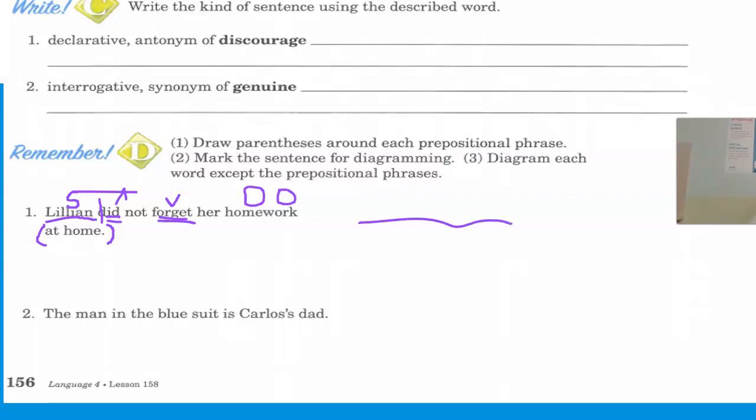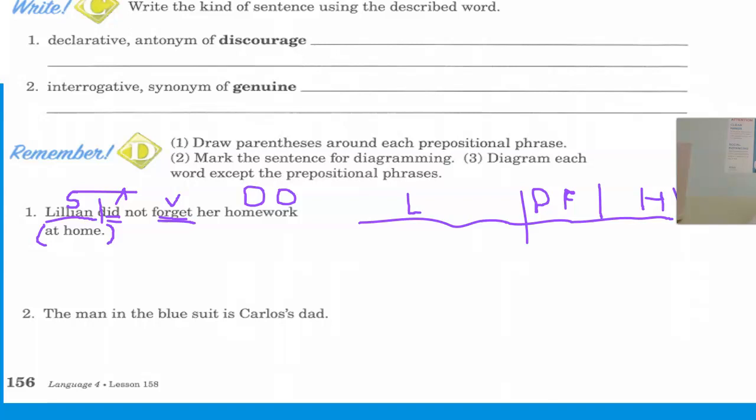All right, so to start, and that was not a very good straight line, but we'll deal with it right now. All right, so we know we should have right here, Lillian did forget homework. That's the direct object, so we have that direct line.